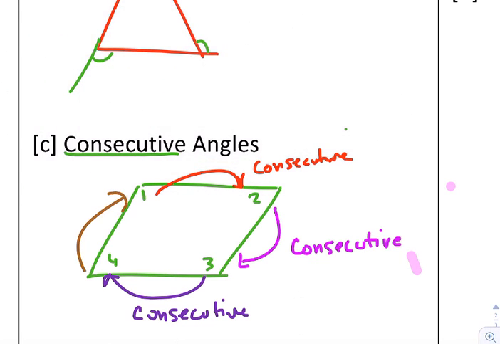And then 4 and 1 are also consecutive. Okay? So consecutive just means angles that appear in a row in a diagram.